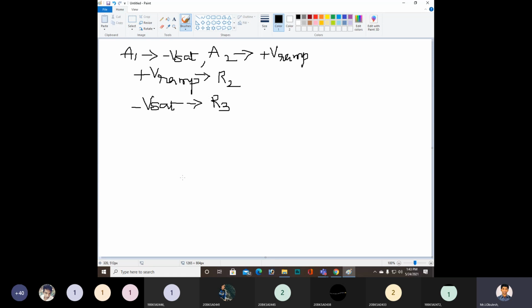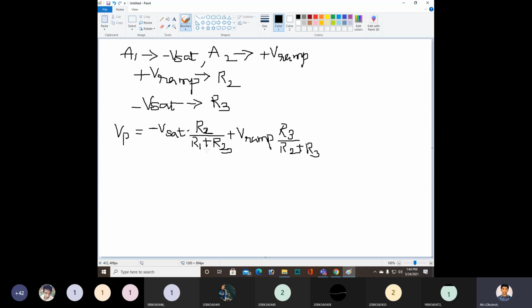Then Vp is equal to, write the equation: minus V saturation times R2 by R1 plus R2, plus V ramp times R3 by R2 plus R3.